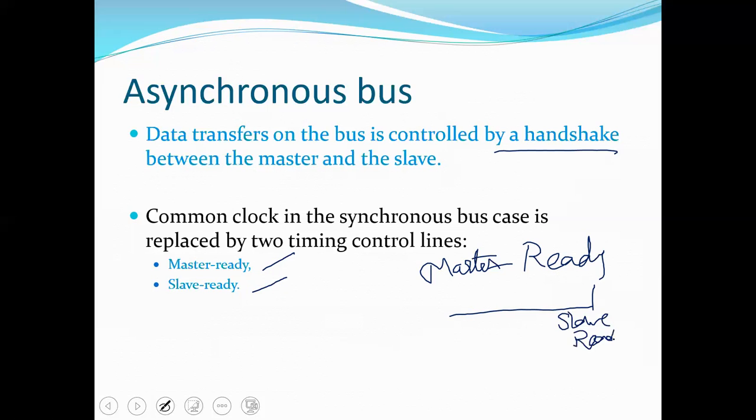From this master ready, the slave will come to know that something is being put. There are acknowledgements between those devices, and that is why we use the term handshaking. When acknowledgements are there, information sharing is there.